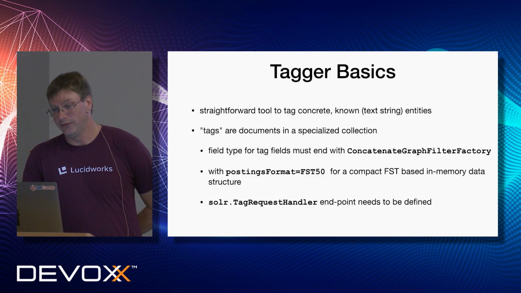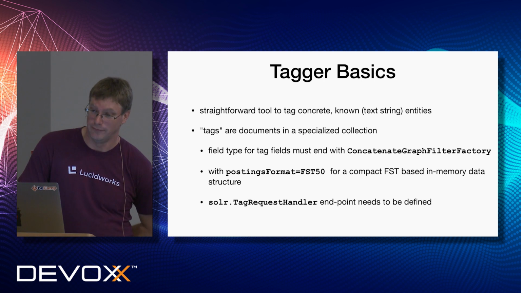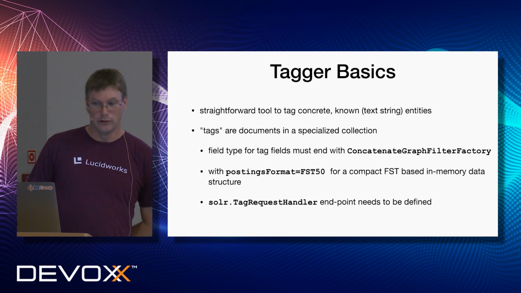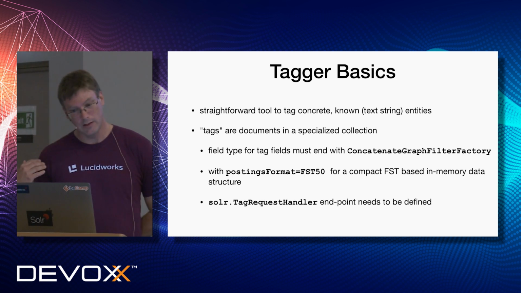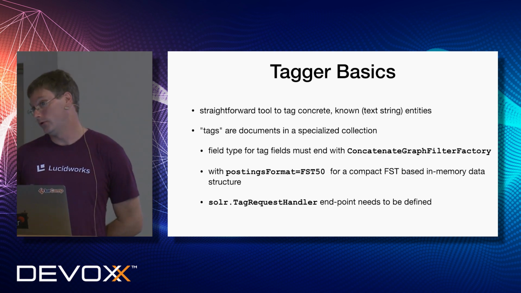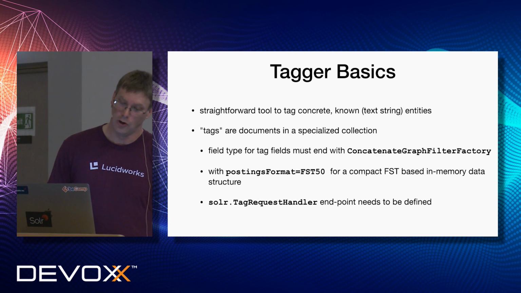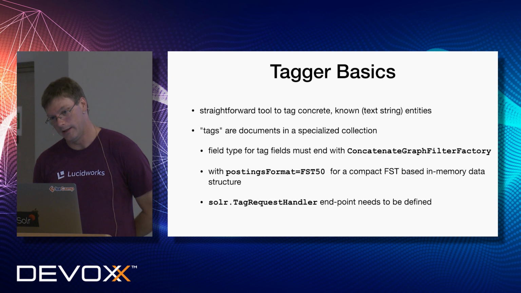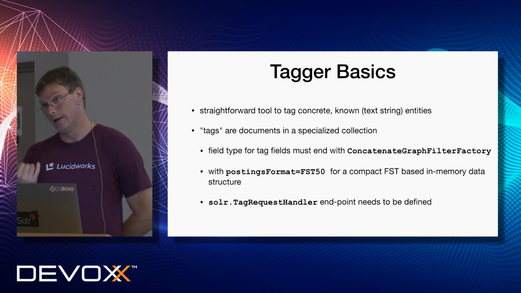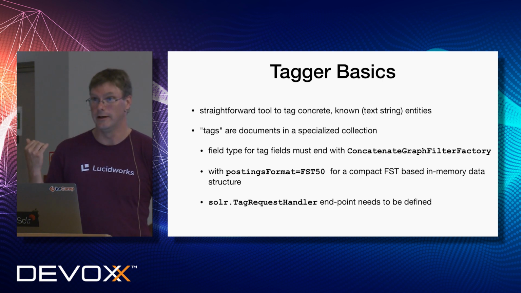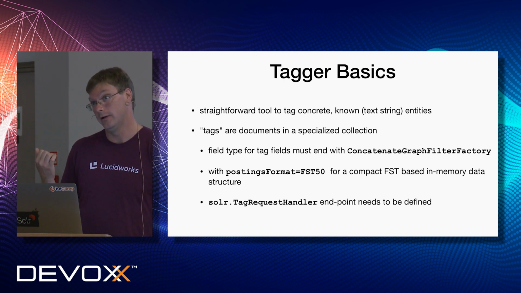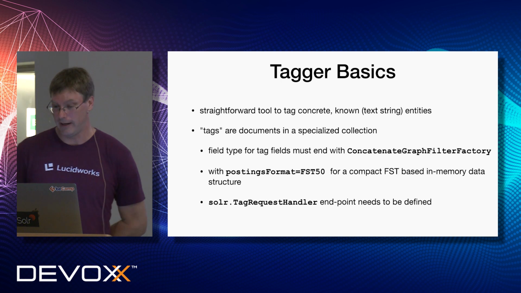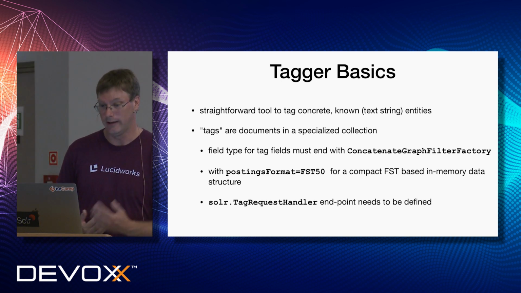So, tagger basics. This is some of the underlying configuration capability needed to get the tagger going. You create a collection in Solr, just a general collection, but you augment that with a special field type. This special field type concatenates all of the tokens into an FST-powered, a finite state transducer-powered, field in a compact format within the Lucene index.